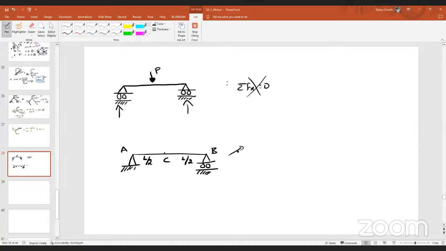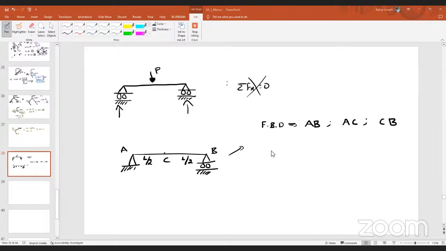Very, very silly problem. Now, I want to draw the free body diagram of AB, and then the free body diagram of AC, and then the free body diagram of CB. Here my motive is not whether it is determinate or indeterminate. My motive is that you should know how to draw free body diagrams.